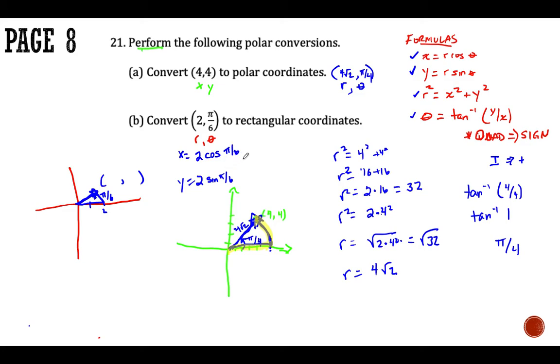You cannot spend a bunch of time thinking about pi over 6. I got to convert that to degrees, and then I have to think about my unit circle or triangle. No, you just have to know that the cosine of pi over 6 is root 3 over 2. And the sine of pi over 6 is a half.